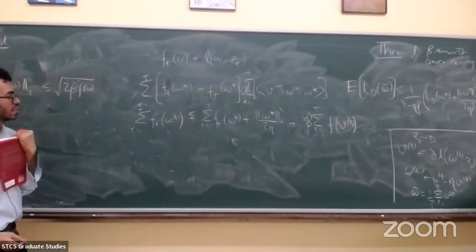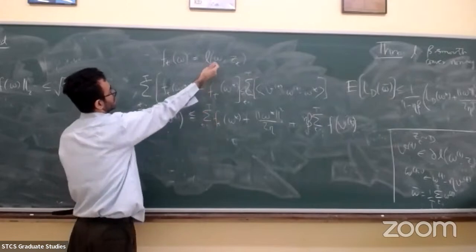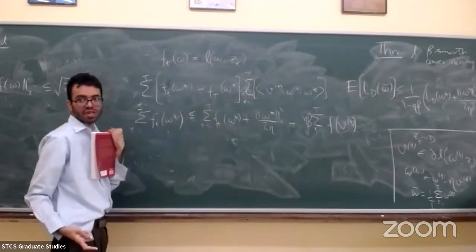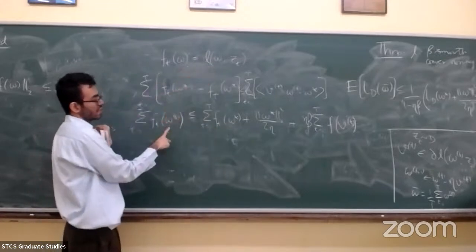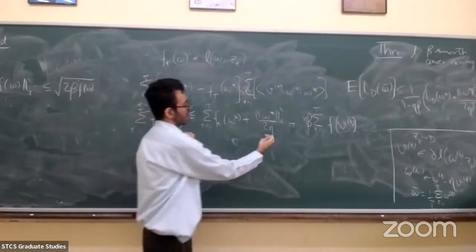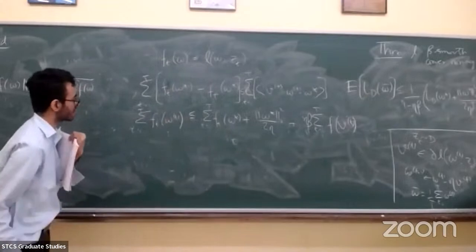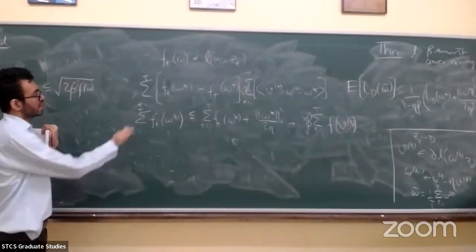That's the sum of the losses for the ZTs at the optimum W star. This is the sum of the losses of the ZTs at our WTs, and this is how much we suffer, the difference. Now I have to take expectation over my ZTs.